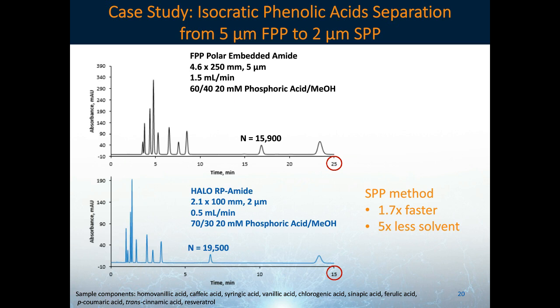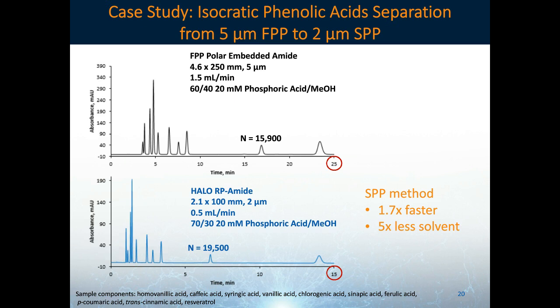And also we see an increase in plates up to 19,500. So you might be thinking, oh, well, it didn't really go that much faster. It's not even 2 times faster, but look how much solvent you're saving. That's 5 times less solvent. It can really add up if you're running this assay multiple times.